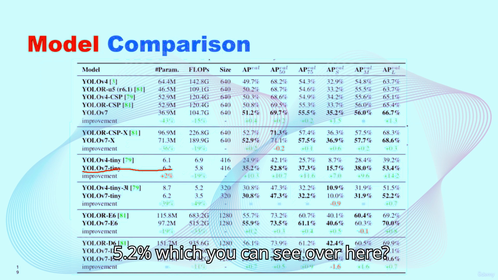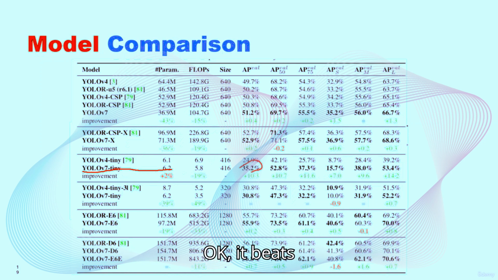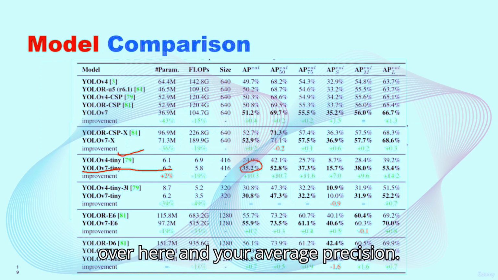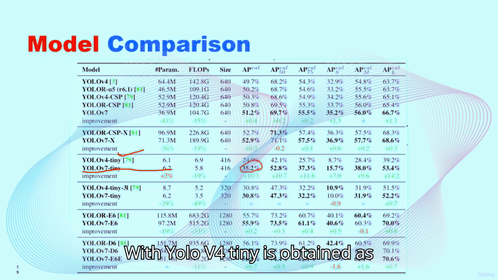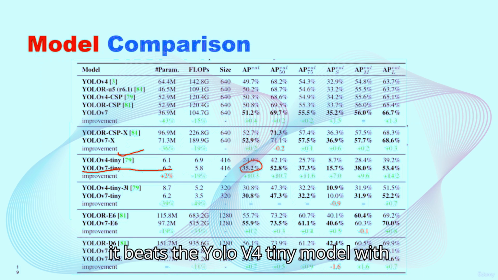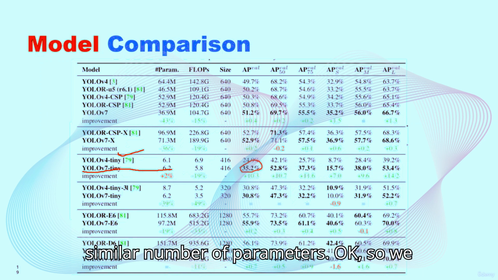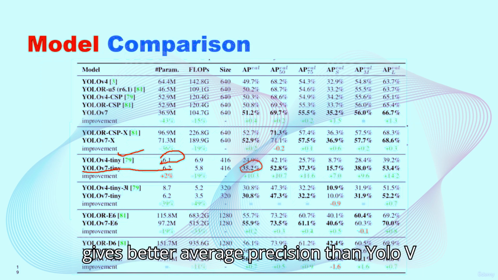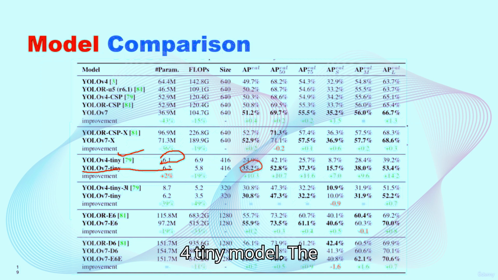It beats the YOLO v4 tiny model, whose average precision is 24.9%. So it beats the YOLO v4 tiny model with a similar number of parameters. We can see YOLO v7 tiny gives better average precision than YOLO v4 tiny.